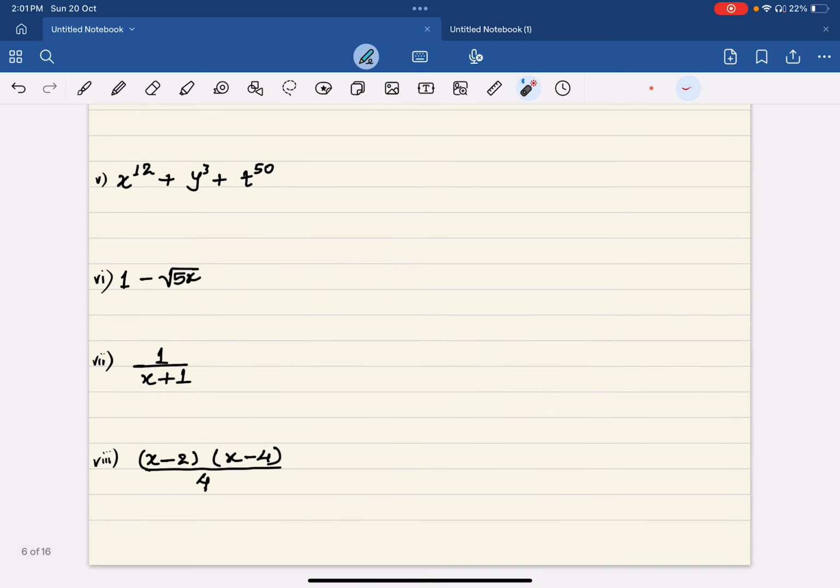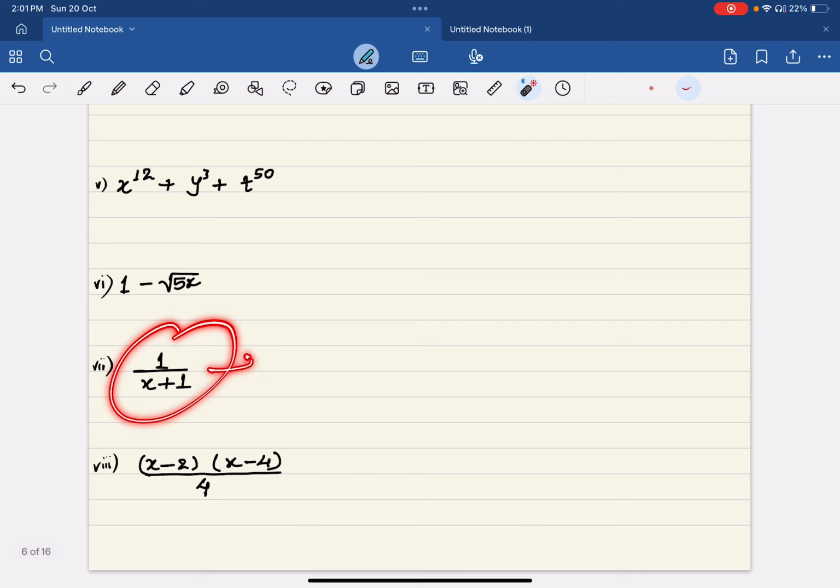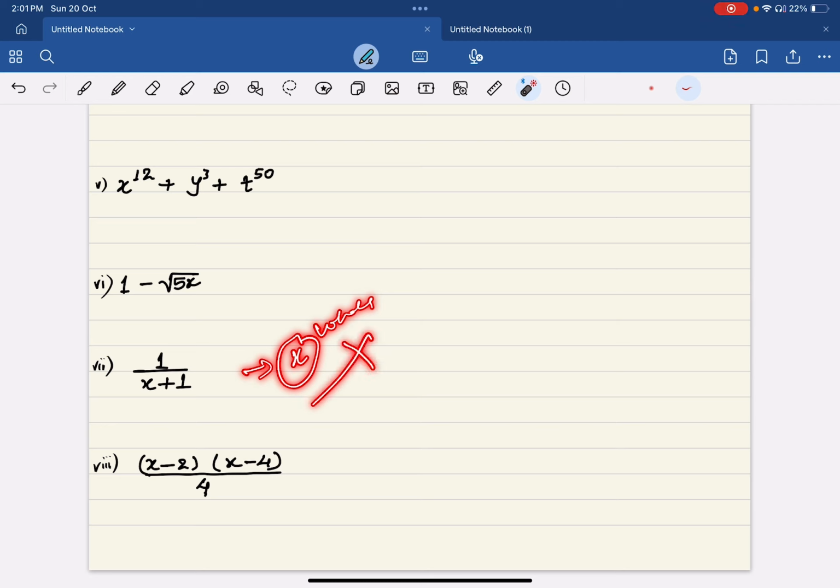Okay. In the seventh question, this is the expression, and the variable does not have power as a whole number, so this is also not a polynomial. Okay. Eighth question. Let us first expand this.